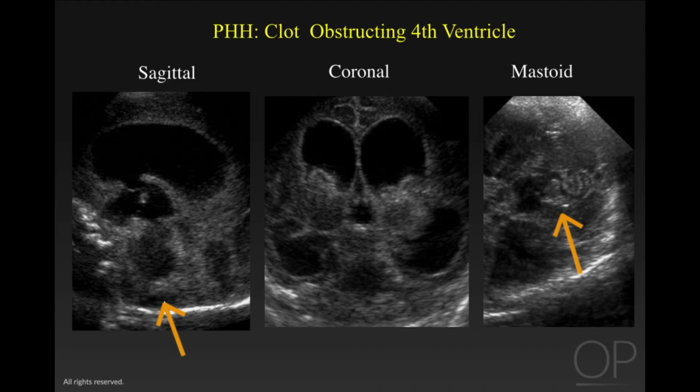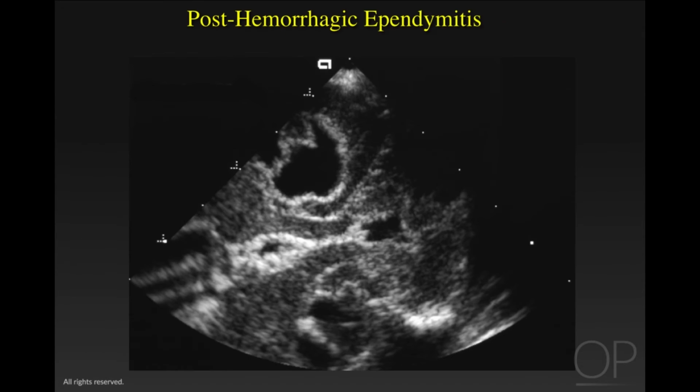However, it is only on the mastoid view that we can see a triangular-shaped clot that is well within the center of a dilated fourth ventricle. This triangular clot represents clot that was filling a normal-sized fourth ventricle. The fourth ventricle is now much larger.